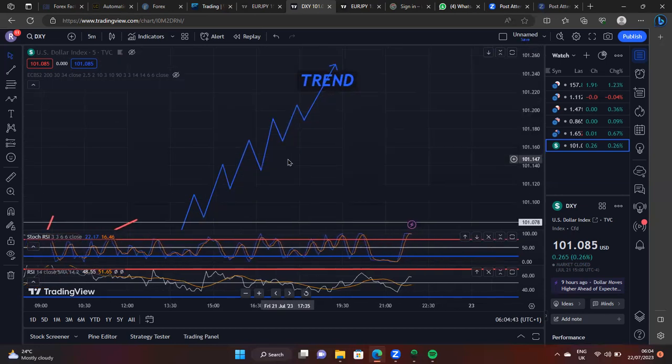So when a trend is developing, when a trend is progressing, when a trend is on the move, you are on the lookout. You know what to expect before a reversal shows, or you know what to expect when a continuation is in progress.